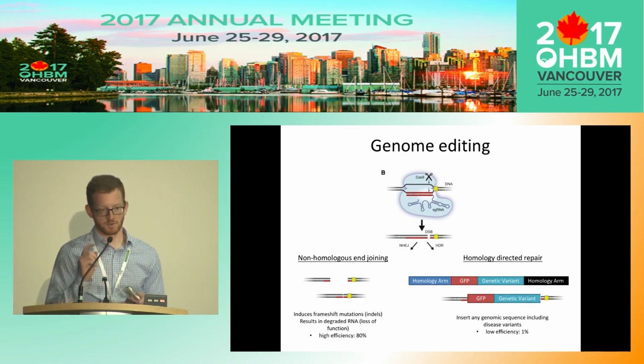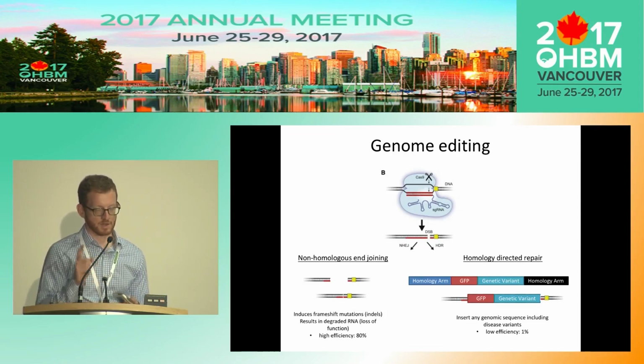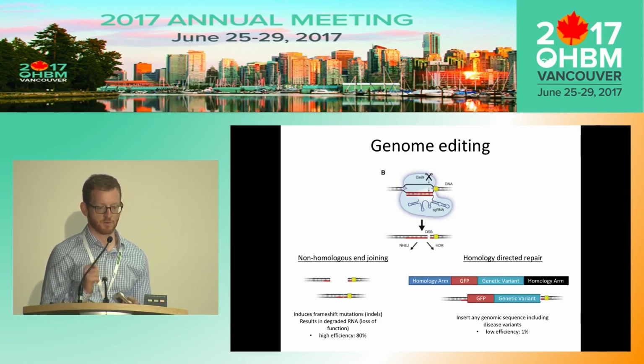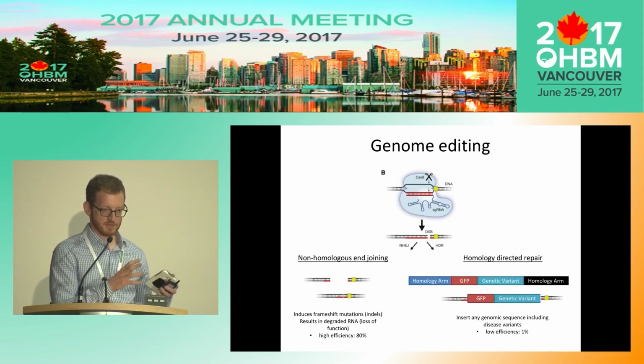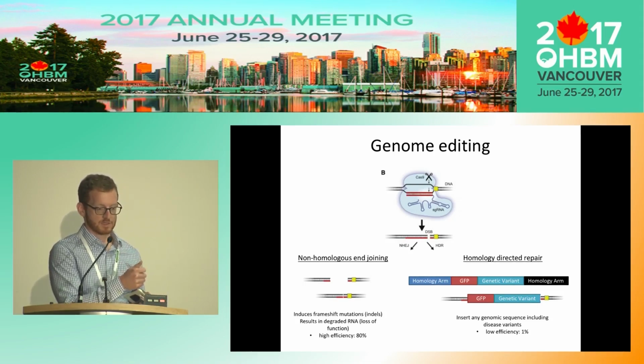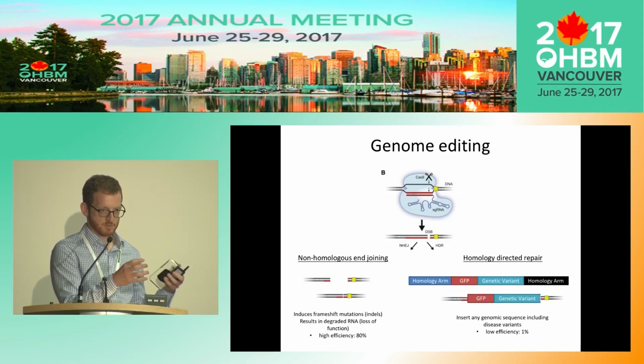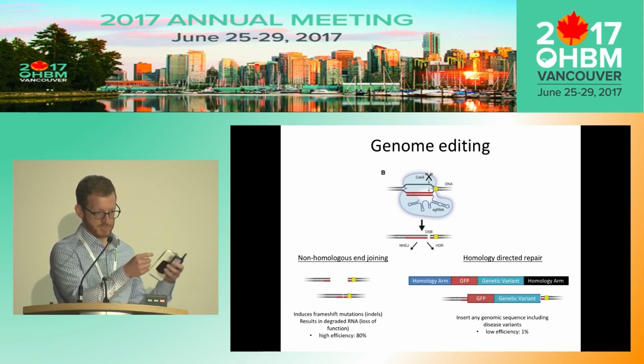There's only been, I think, one instance of this being used, to my knowledge, in neuroscience so far, which is for Parkinson's disease, where they went into neural stem cells. Previously they did a genome-wide association, found a genetic variant of interest, prioritized to find exactly which variant they wanted to test, got some neural stem cells from a particular donor, and modified that one base pair to change it, and basically did the exact experiment you would want to do.